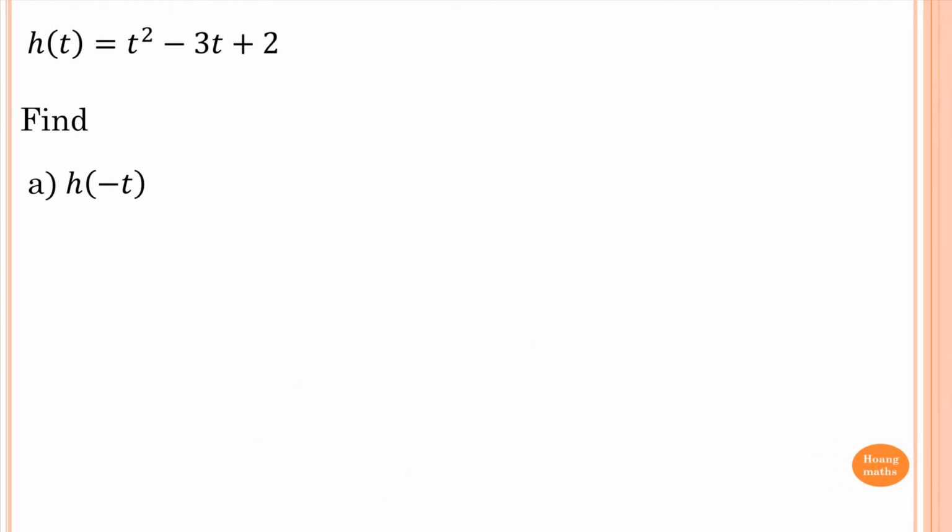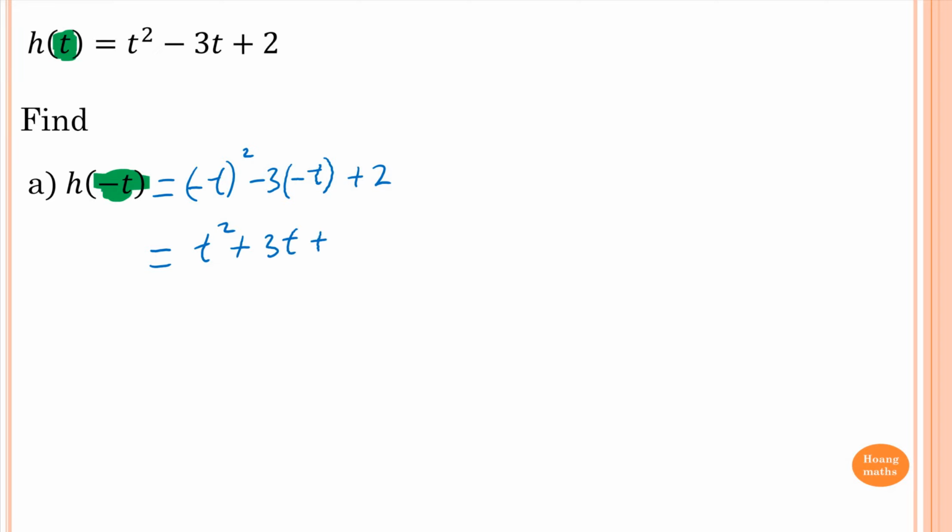Find h of negative t. So now h of t, the t is replaced with negative t. So h of negative t gives me negative t squared minus 3 lots of negative t plus 2. So negative t squared is t squared plus 3t plus 2.